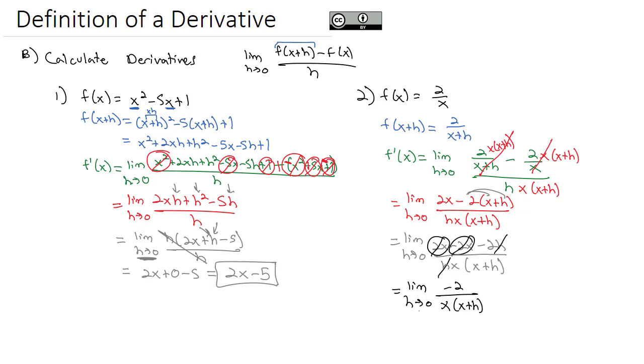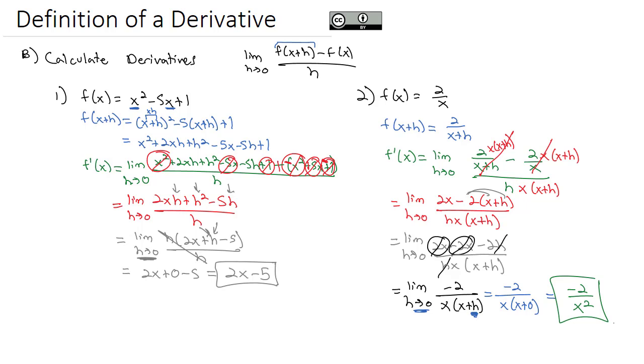Well, let's go ahead and replace the h with 0 since we removed that discontinuity. That's going to give us negative 2 over x times (x plus 0). Well, x plus 0 is just x, so we end up with negative 2 over x times x, which is x squared. And so the rate of change of this function, 2 over x, is negative 2 over x squared.